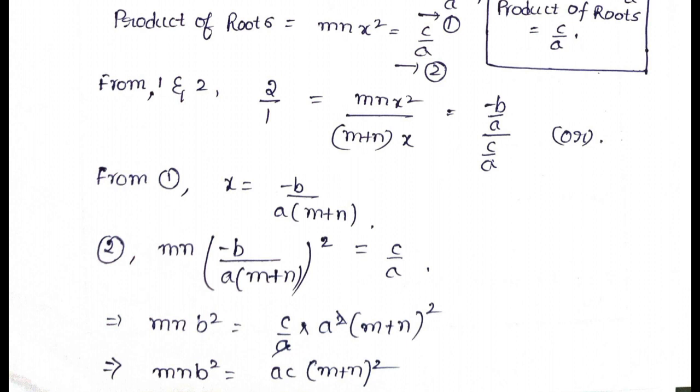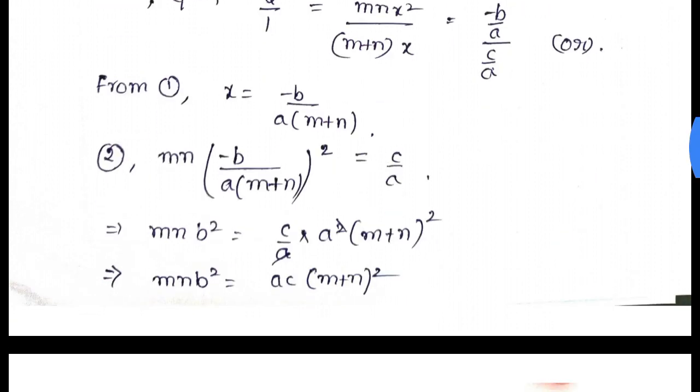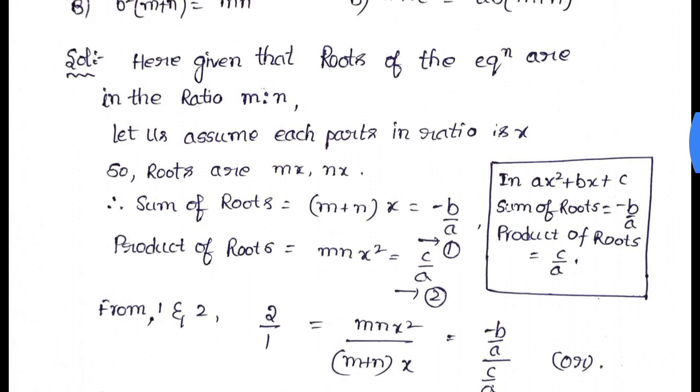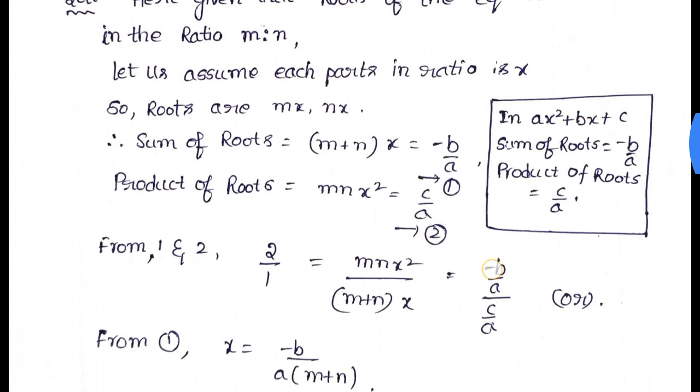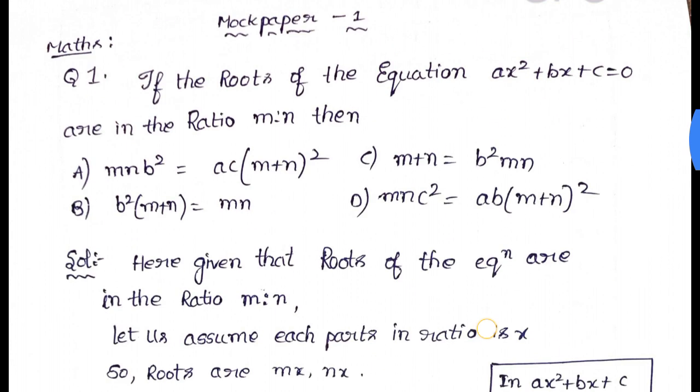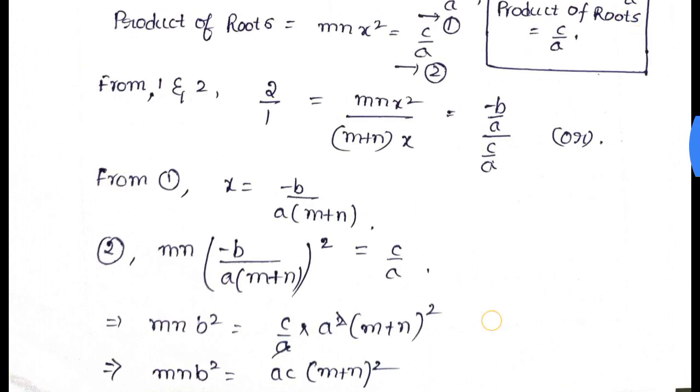This implies mn into b square is equal to c by a into a square into m plus n whole square. This gives mn b square is equal to ac into m plus n whole square. That is, the option is A. I hope you understand. Let's roll to the second question.